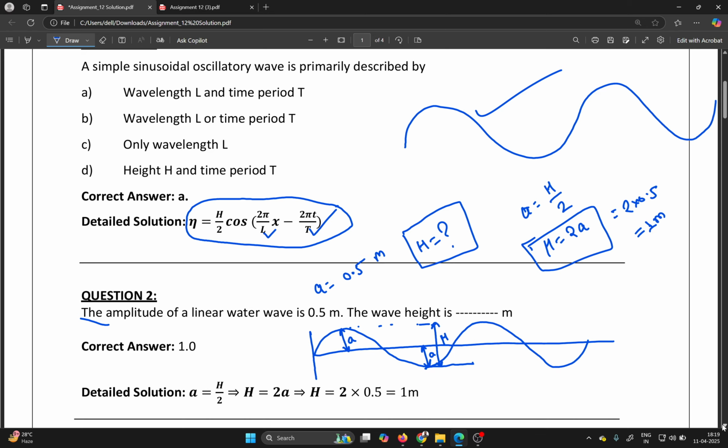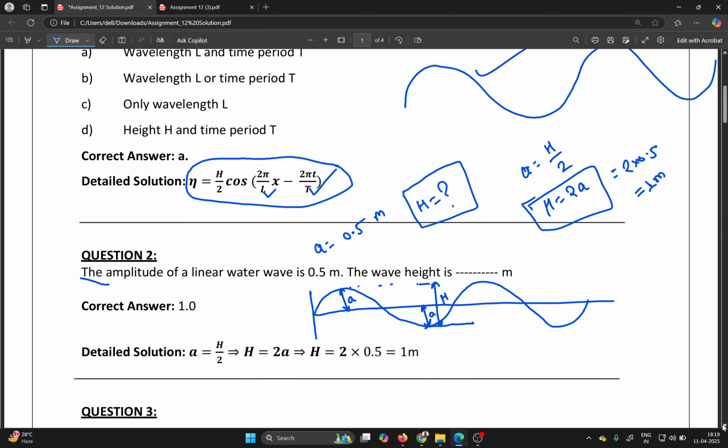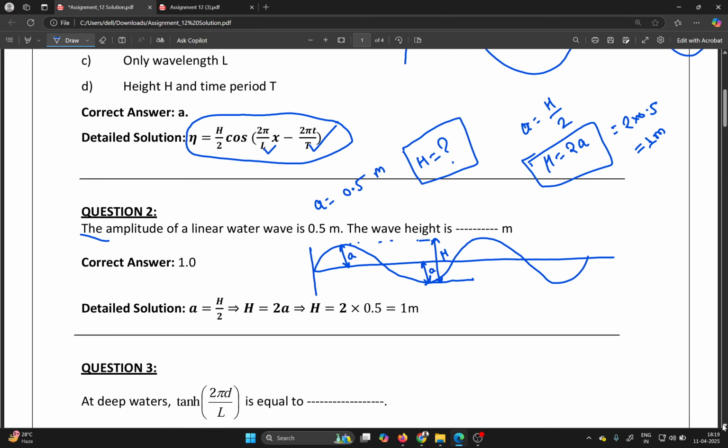Now the next question is question number 3. A deep water. Here you have deep water, and tan hyperbolic 2 pi d by L is given.